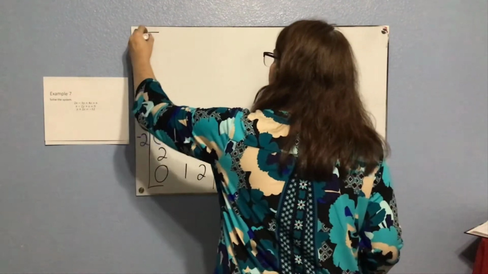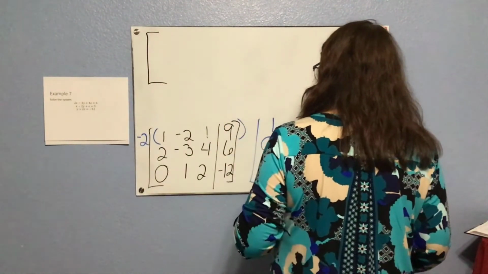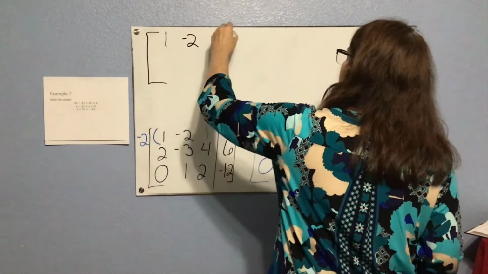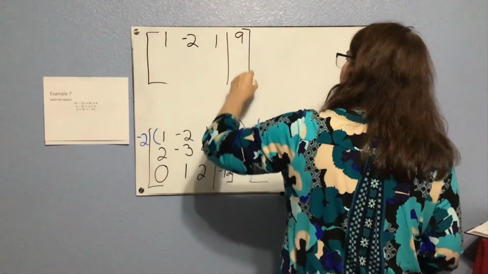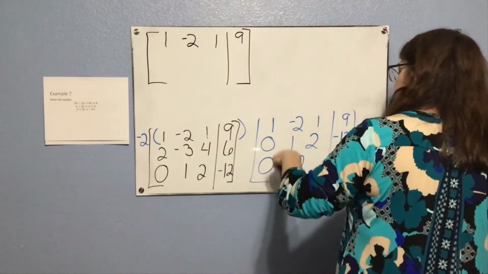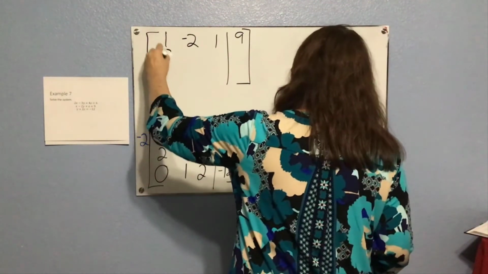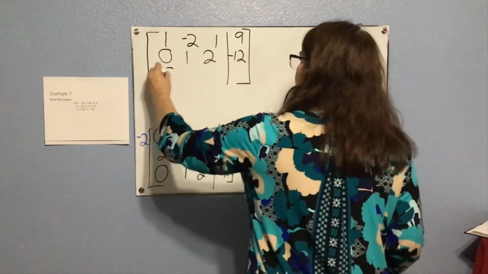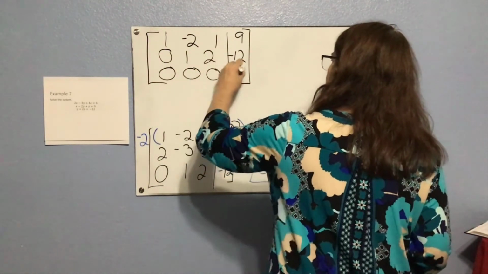If I just continue, 1, negative 2, and I subtract the second row from the third row, I end up with zeros all the way across.